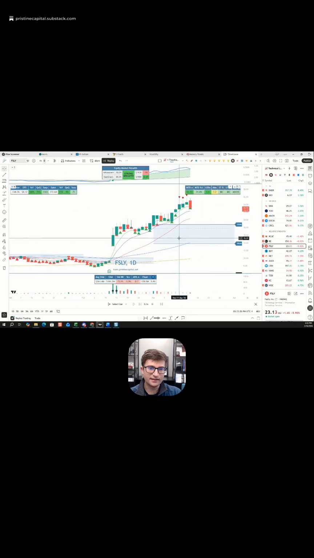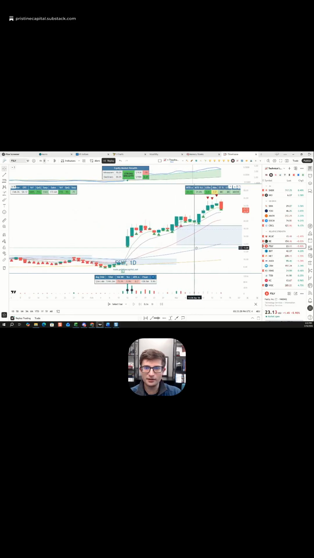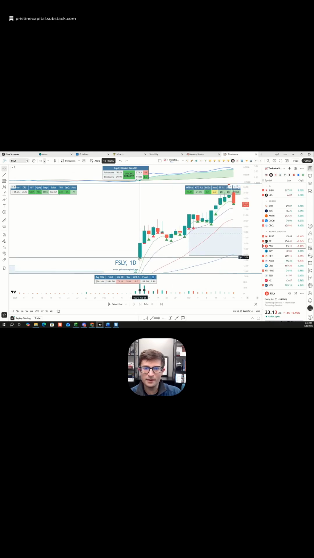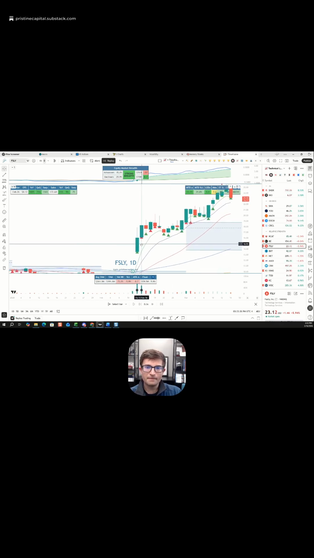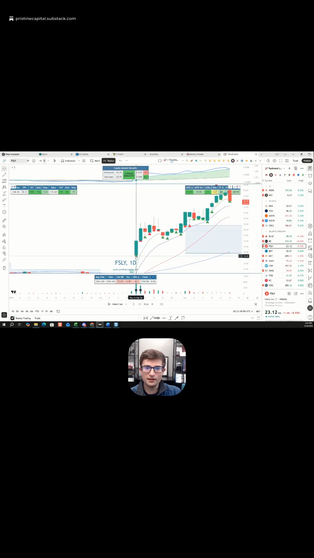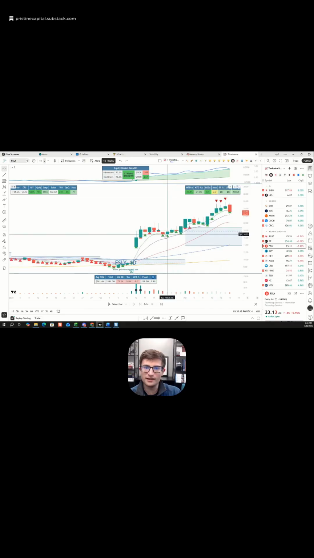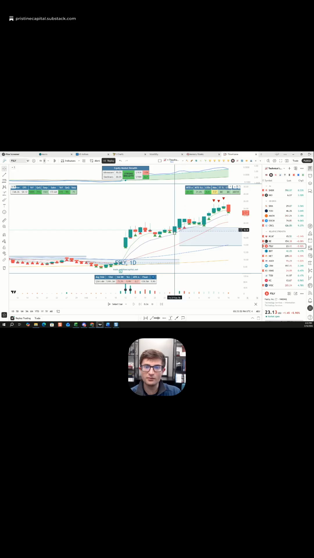If you look at Fastly, and I mentioned a little bit earlier, the ideal entry for this stock was really the day that it had its power earnings gap. Let's say if we bought the close here, we would still be in the stock. And for many of these candles, if we bought the close, we'd still be in. So that's telling us this has been a good stock where you could have bought in a lot of different places, and if you set an 8% stop, you would still be in it.